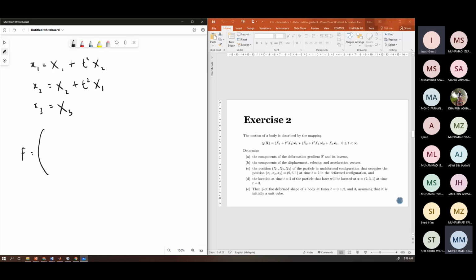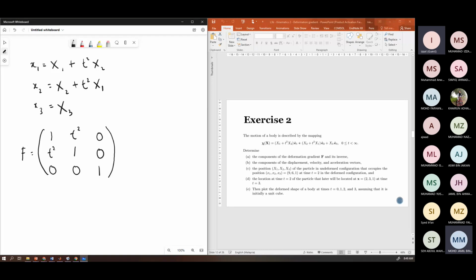For the first element, differentiate small x1 over big X1, so you get 1. Second part you get t squared. And lastly, you get 0. Similarly for the second row, you get t squared here, you get 1 and 0. And lastly, this is 0, 0, and 1 because you differentiate with respect to big X3.